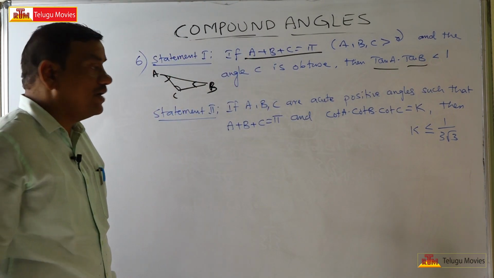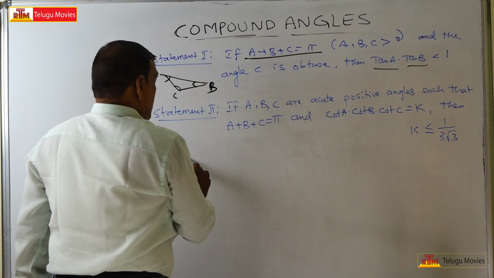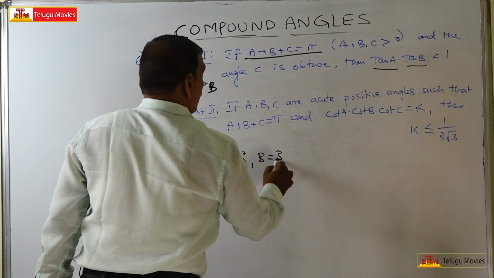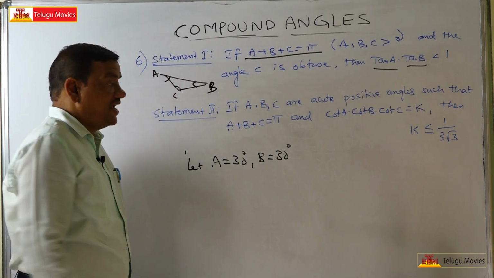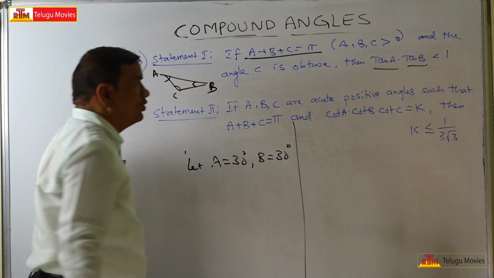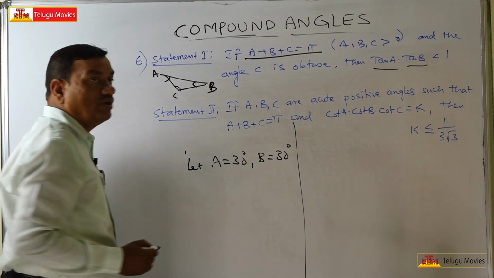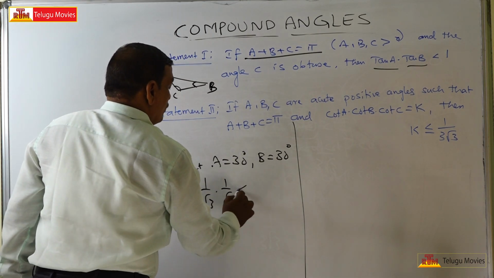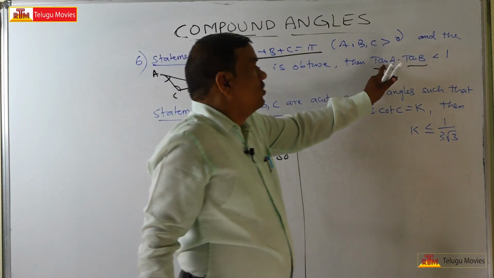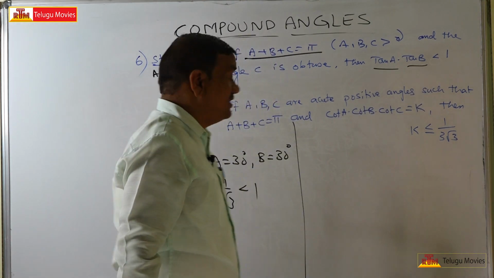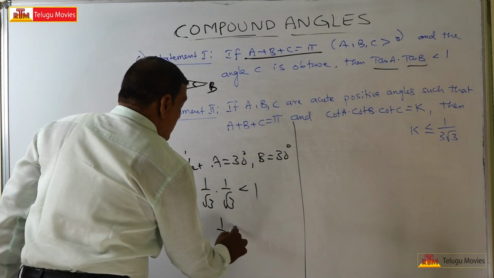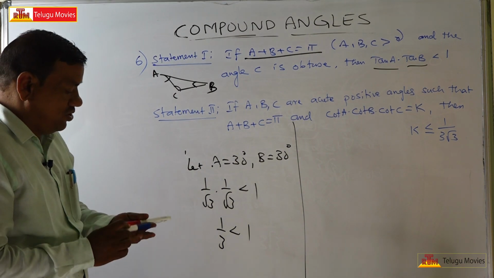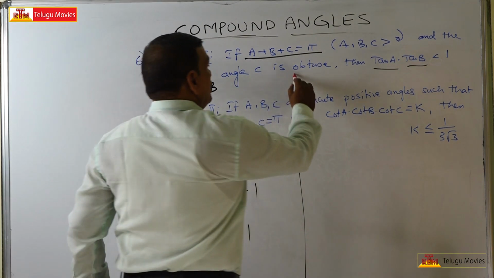Let A be equal to 30 degrees, B be equal to 30 degrees. That means tan 30 into tan 30. Tan 30 value is 1 by root 3, so 1 by root 3 times 1 by root 3 is 1 by 3. Is 1 by 3 less than 1? Yes. Therefore, the first statement is true.